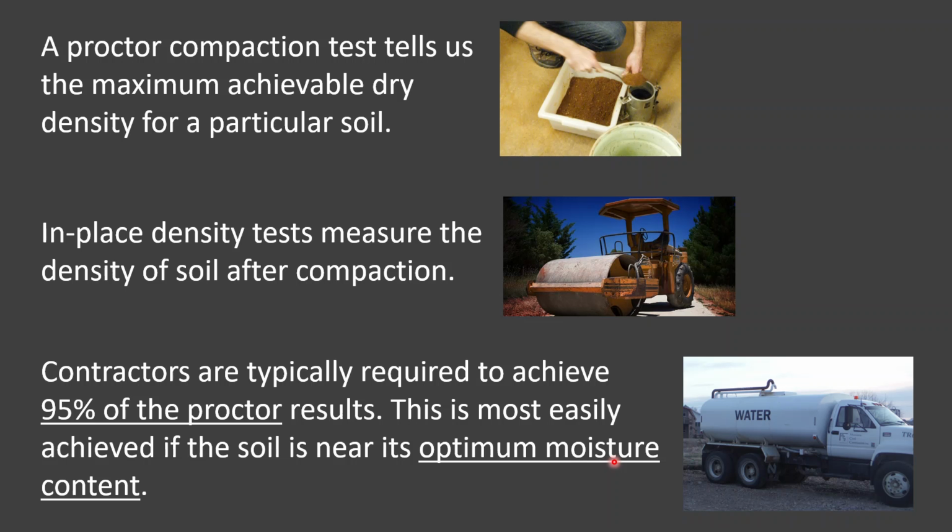This is the moisture content at which the maximum dry density is most easily achieved. So this is important information for the contractor to know, because they're going to be able to attain this 95% of the proctor with less compactive effort or less time in order to get the specified result.